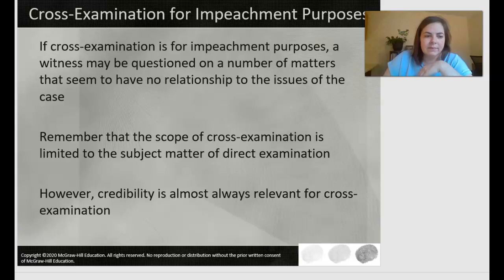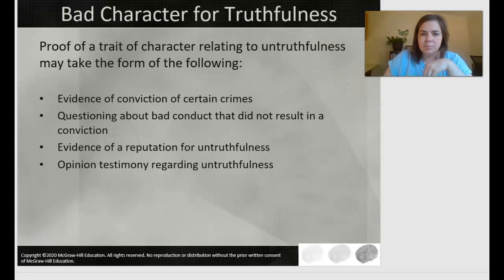So if you're trying to portray that this person has bad character for truthfulness, you may want to cross-examine and show evidence of conviction of certain crimes, or question them about bad conduct that did not result in a conviction.